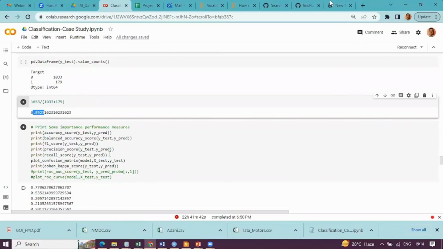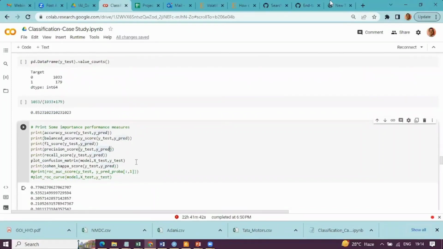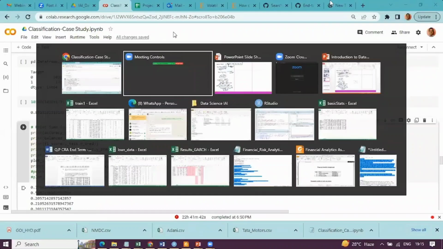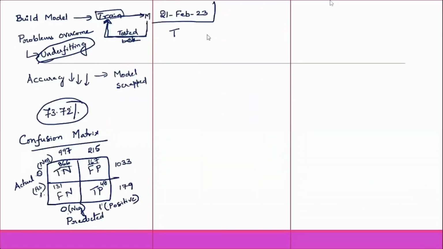So now I'm going ahead creating some kind of metrics on the testing data, because finally what we are looking at is some of the typical points. I test the model on training data.